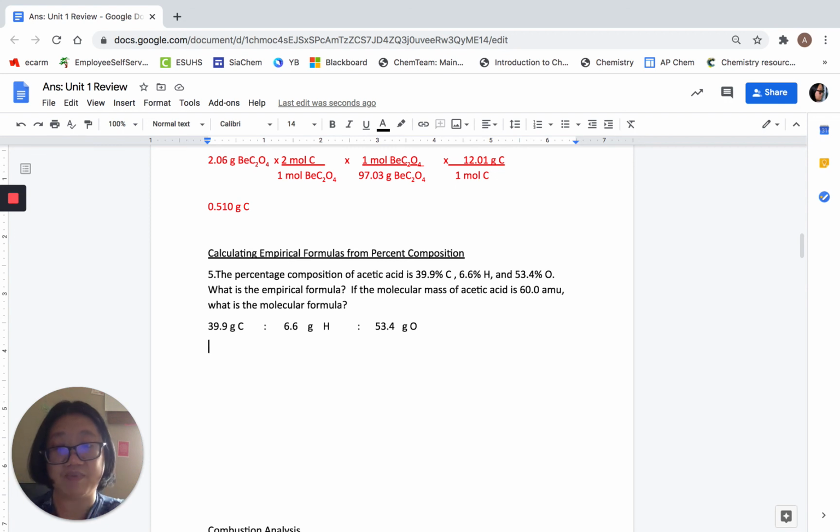Okay, divide by molar mass. So we're gonna go ahead and divide. So this one will be divided by 12.01. Okay, we're gonna divide it by 1.01, and then we're gonna divide it by 16. So again, in case you're wondering, I'm just going ahead and dividing these by each individually.